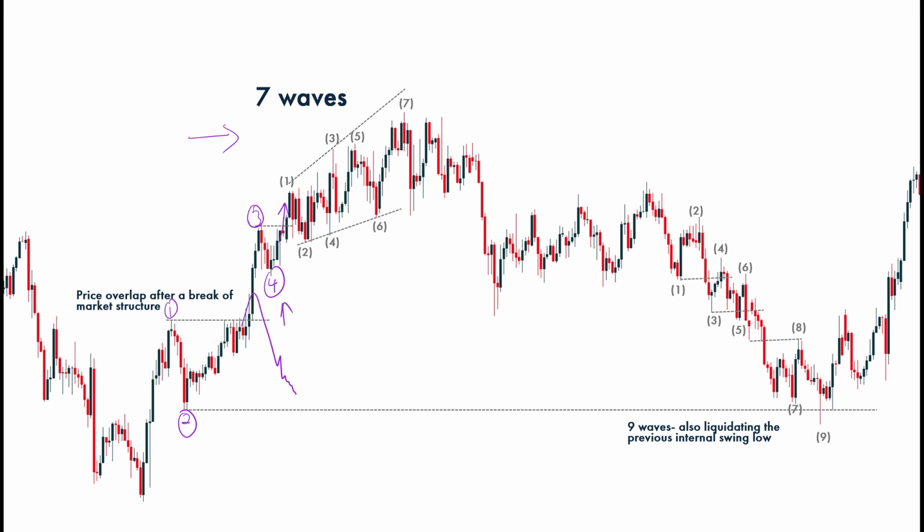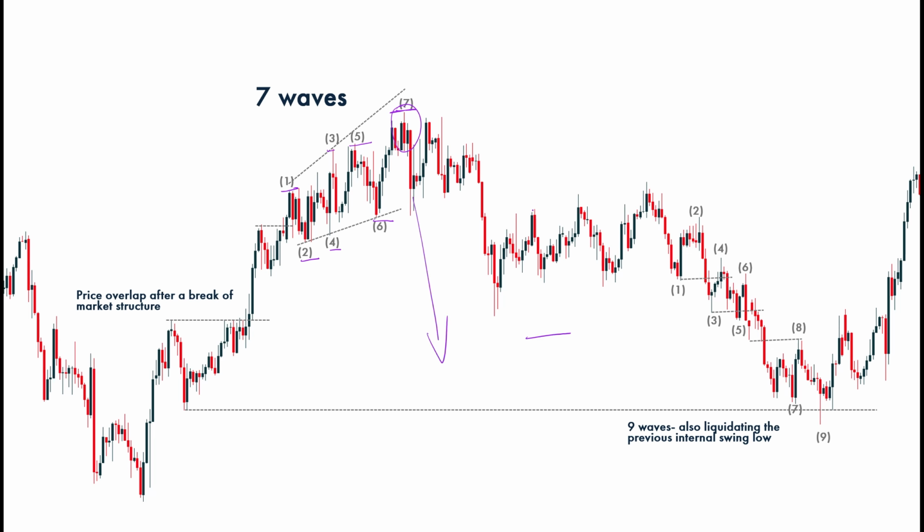And here we can clearly see a perfect one. We have a 1, we have a 2, we have a 3 here, and then we have a 4, a 5, and then a 6, and then a 7 here. And here, this is where you'll be looking to go short.